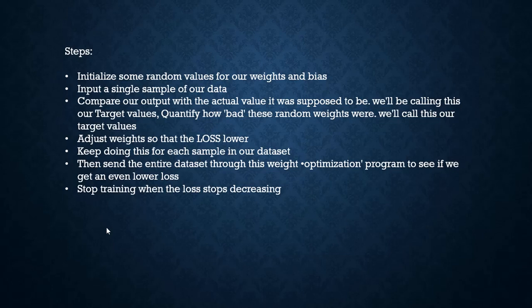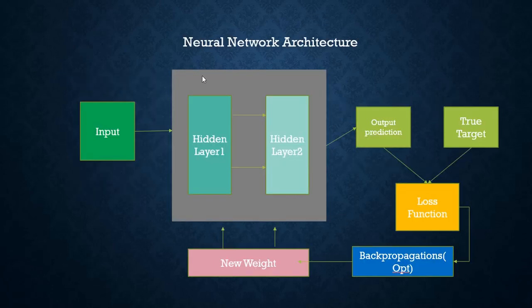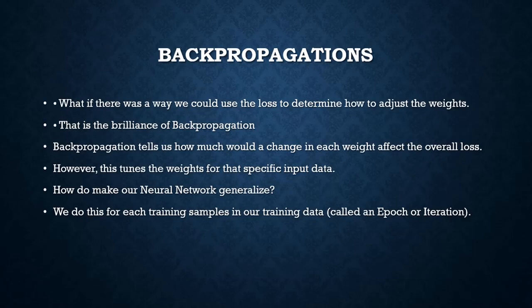Next we'll see what back propagation is, because as I mentioned in the previous video, in the neural architecture this is the back propagation part. Now I'll explain what exactly back propagation does. Basically, back propagation's job is to determine how to adjust the weights.